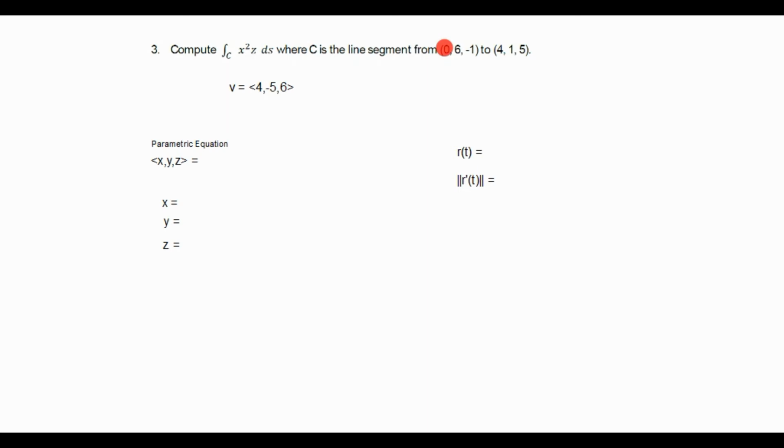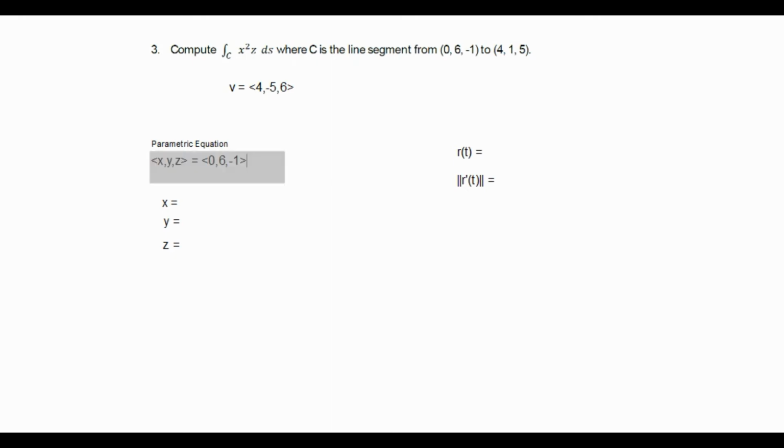Alright, so we'll let one of these points become a point in our parametric equation on C. So do it here, 0, 6, -1. It's the exact same thing as here at this point.